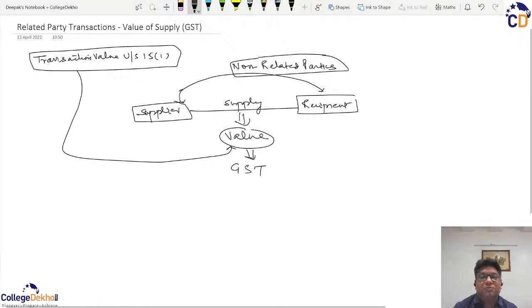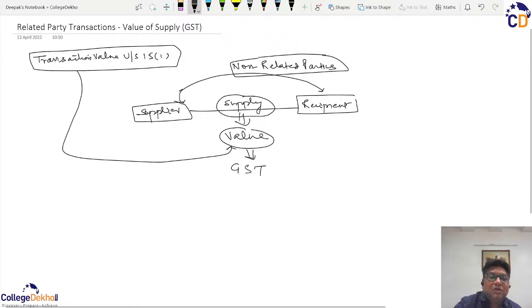In addition to this basic requirement, the other primary requirements are that this supply has been made in furtherance of the business, or the goods or services covered under the supply will be used in the furtherance or use of the business. And thirdly, when the supply is made, price is the sole consideration. So all these basic requirements were discussed in that earlier session.